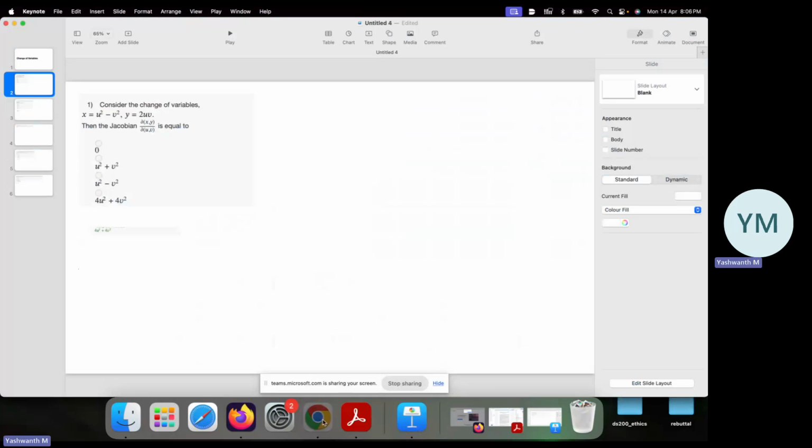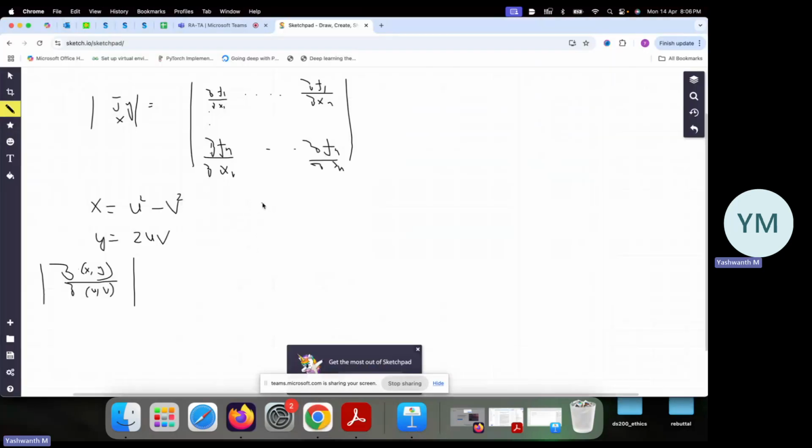So let's compute the Jacobian. The first entry is del x by del u, del x over del v, and then del y by del u, del y by del v.